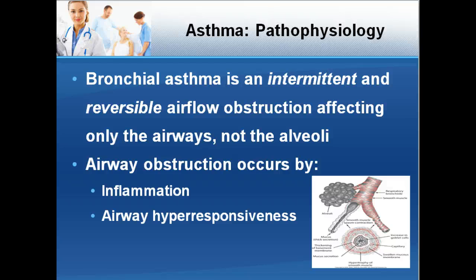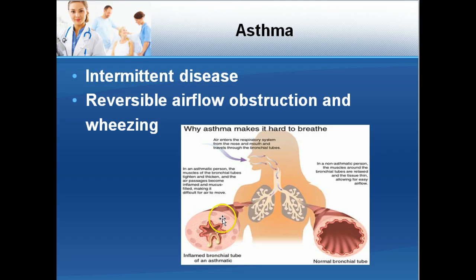So if there was a question on the exam saying that asthma affects the alveoli, of course you would put no. It only affects the airways. That's the reason I showed you the earlier diagram, where it obstructs the airway passages and then becomes inflamed.